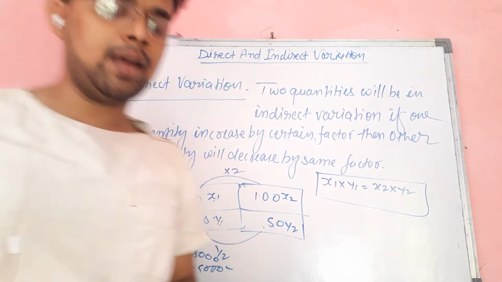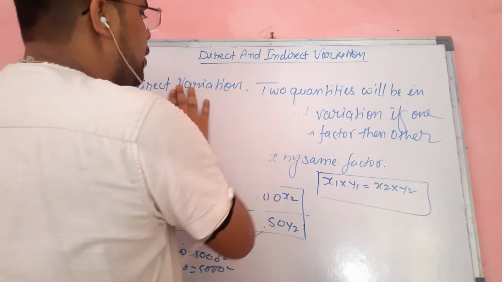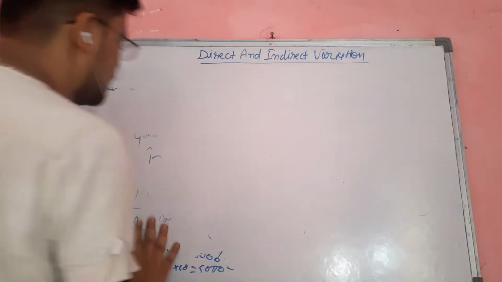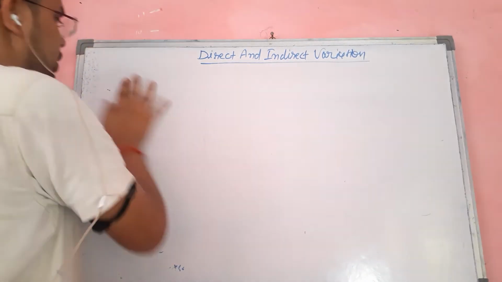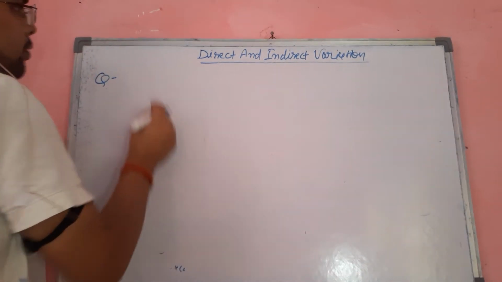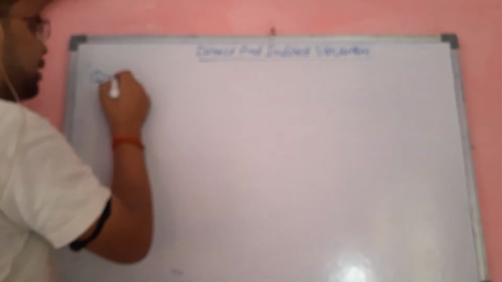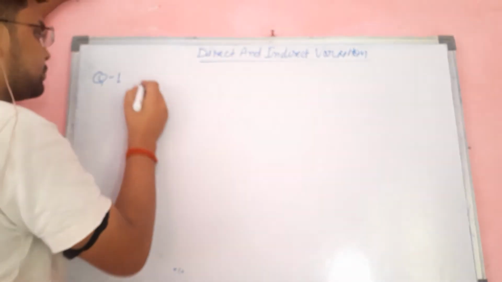Now children, I will take questions, and with the help of questions we will see how we can solve them. First I will take two questions for direct variation, and then I will take two questions for indirect variation. Let's suppose this is a question of direct variation.